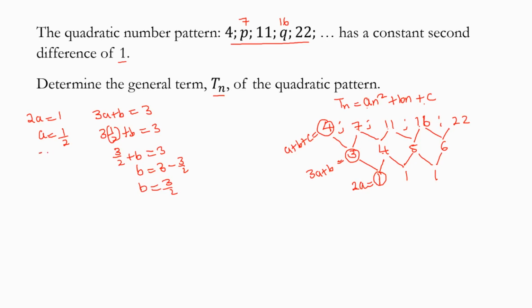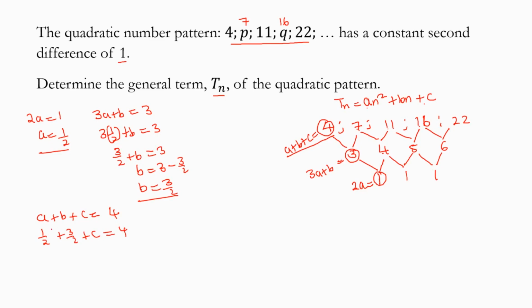So now we have our A, we have B. Right, and then let's find the last one. We are finding C by using this one now. A plus B plus C is equal to 4. Then A is half, so it's going to be 1 over 2 plus 3 over 2 plus C is equal to 4.